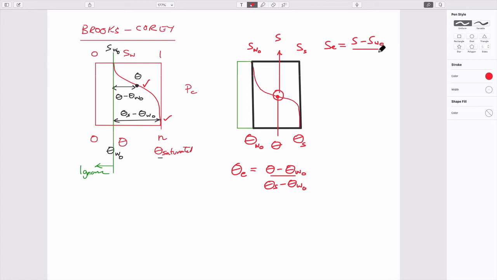And we're only interested in water here because this is partially saturated vadose zone, no NAPLs involved. And this would be 1 minus irreducible saturation of water. This would be 1 because this point here is 1, right? So the equivalent of this term here has to be just this.